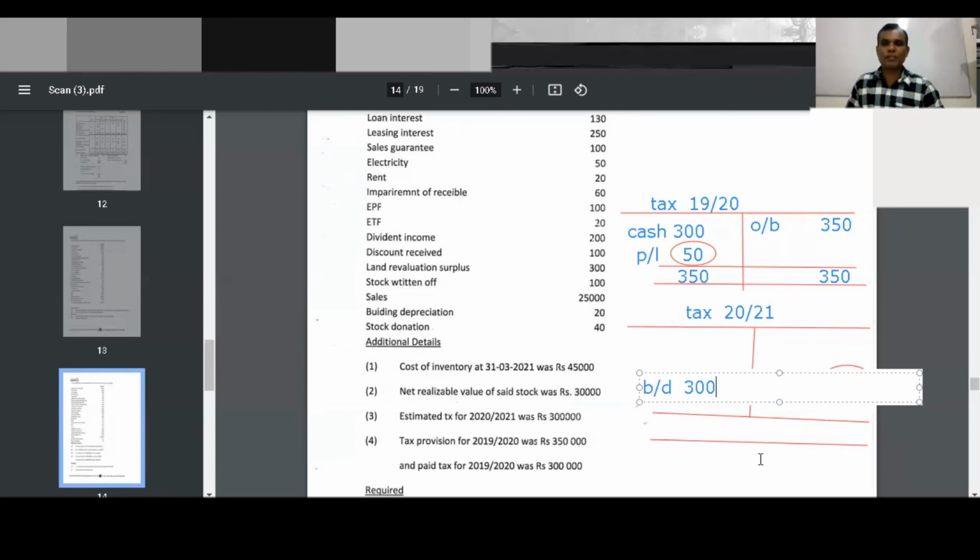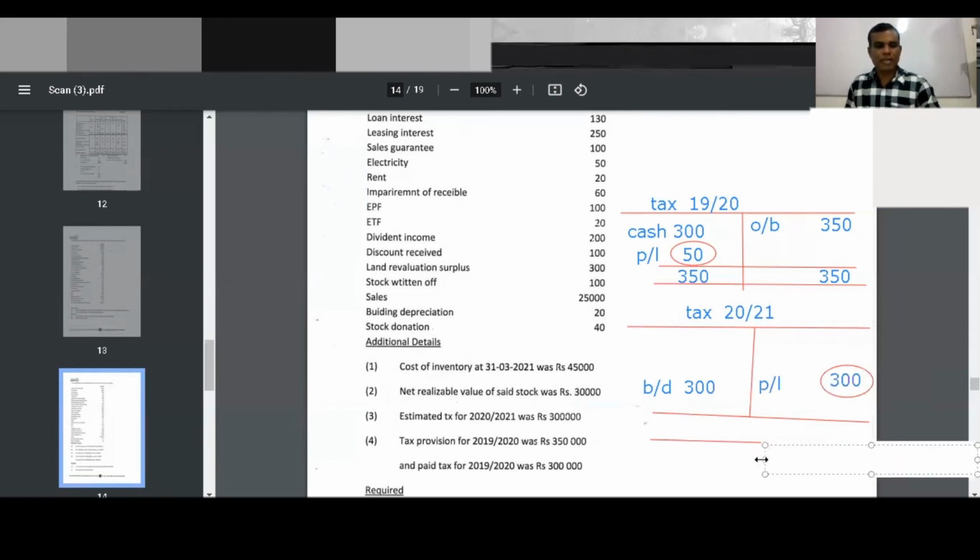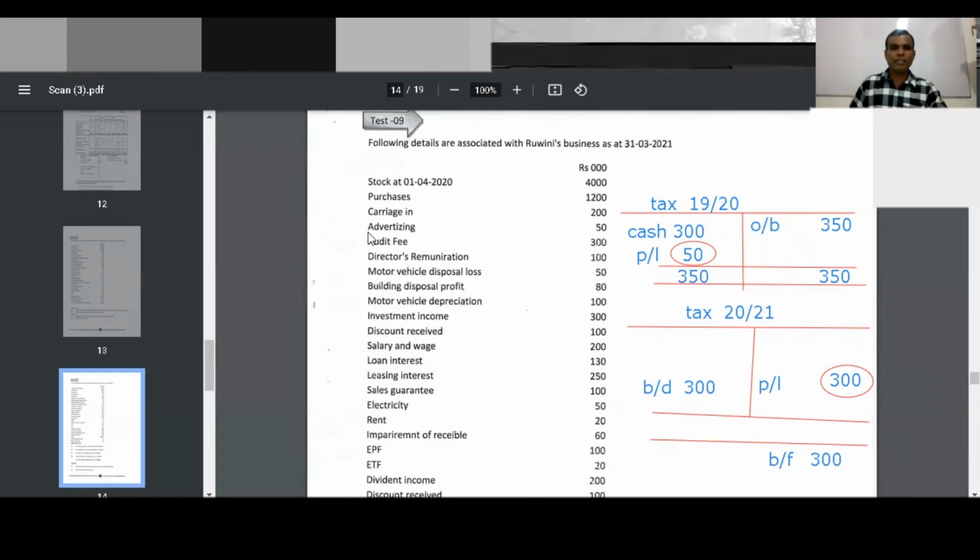Balance brought forward here. How much? 300. Now this should be recorded in the financial position statement as a current liability, under the current liability category. Is it clear for you? Yes, sir.